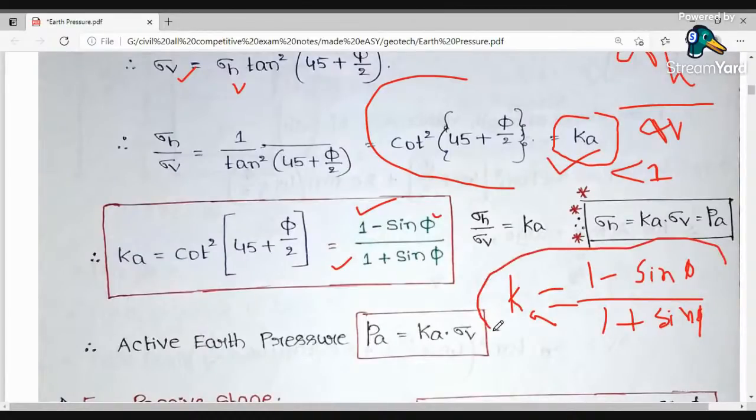On the basis of this formula, sometimes they are giving the phi value and ask to find Ka. Sometimes they are giving the Ka value and ask to find phi, that is angle of internal friction, in case of active earth pressure. And always remember, in active earth pressure the Ka value is always less than 1.